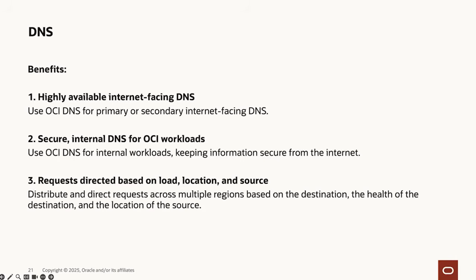We also have other OCI security services that integrate seamlessly, like Web Application Firewall, Identity and Access Management, CloudGuard. These are some that enhance your overall security posture. We also have private DNS, and this allows for secure internal DNS resolution within and between virtual cloud networks, and even with on-premise environments. So it keeps internal information secure from the internet.